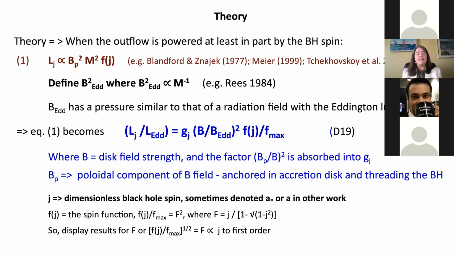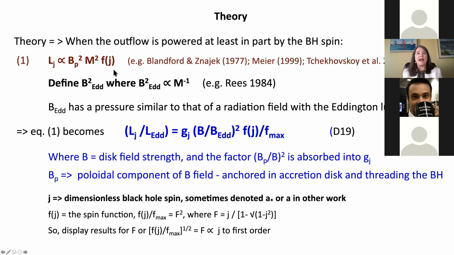Now let's look at the theory. Let's assume that the outflow is powered at least in part by the black hole spin, as indicated by the very large beam powers shown earlier. Now, there are so many papers, I could hardly list them all, so I only mention a few here regarding the beam power.